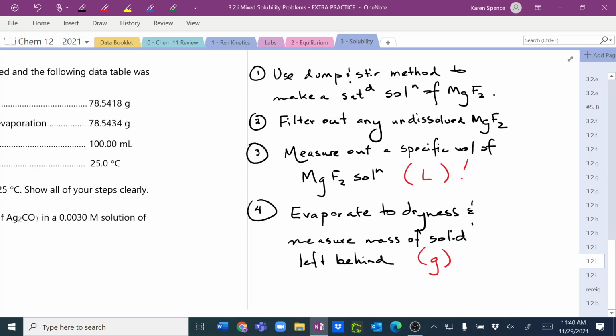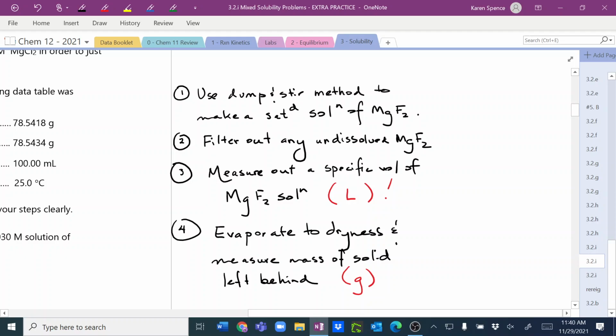What did you do? But you have to do it beforehand. You will measure the mass of that actual beaker ahead of time. Yes? So somewhere up in here, you're going to measure the mass of a beaker.